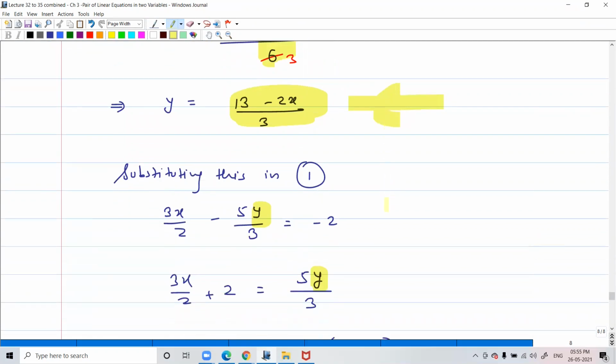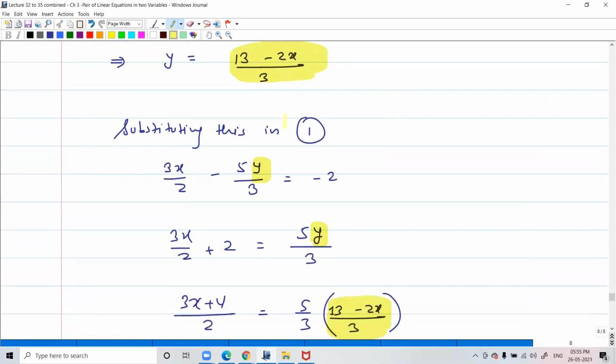Yes, sir. Then you take this. Even though the numbers may look a little complicated, the process is the same, okay? You just have to do the same process, but you have fractions over here, so you need to be a little careful with the calculations. So this is your first equation, 3x by 2, and you have 5y by 3 minus 2. I sent this to the other side because this is negative.